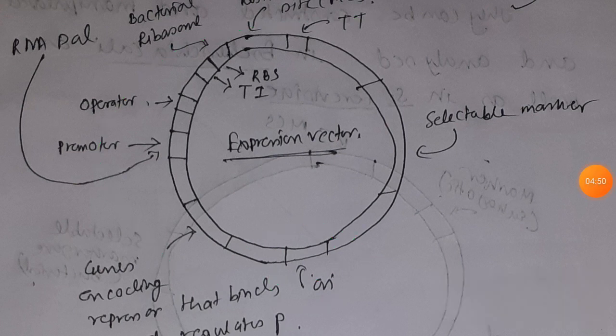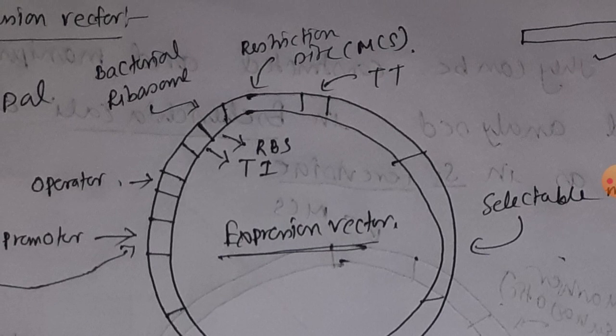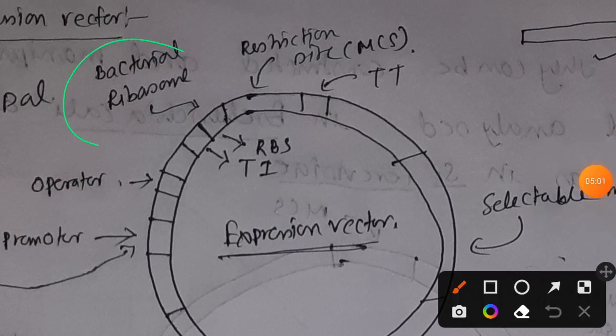Then RNA polymerase will bind over the promoter and start transcription. Once transcription is completed, the bacterial ribosome will bind over the ribosomal binding site and start translation, and as a result we will get protein. That is the concept of an expression vector.